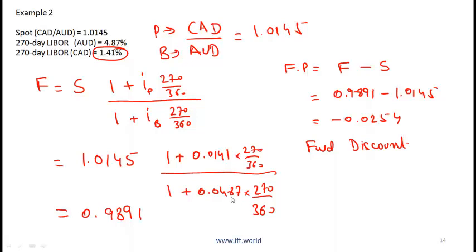So the base currency is the Australian dollar, that has an interest rate of 4.87%. The price currency has a relatively low rate. So whichever currency has the higher rate will lose value or depreciate. So here, since the base currency has the higher rate, it is expected that this is the currency that will lose value, and that's what we are seeing over here.